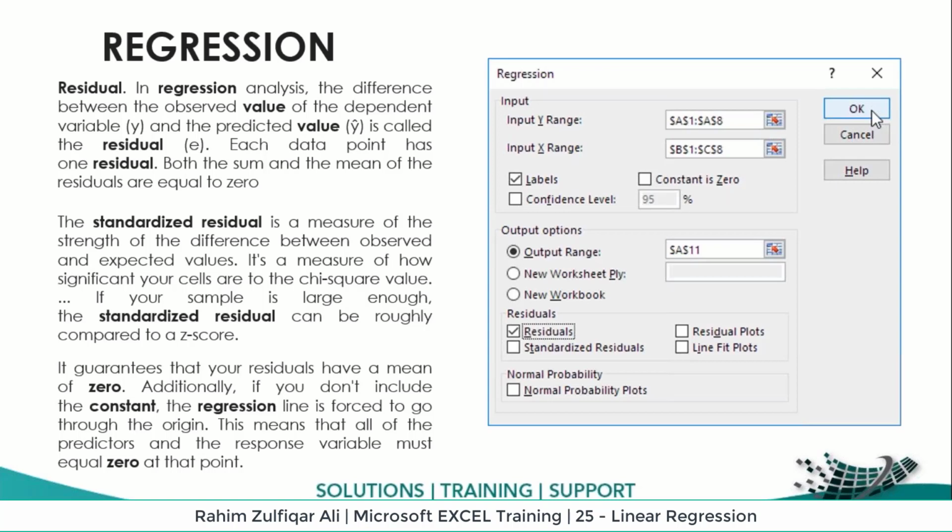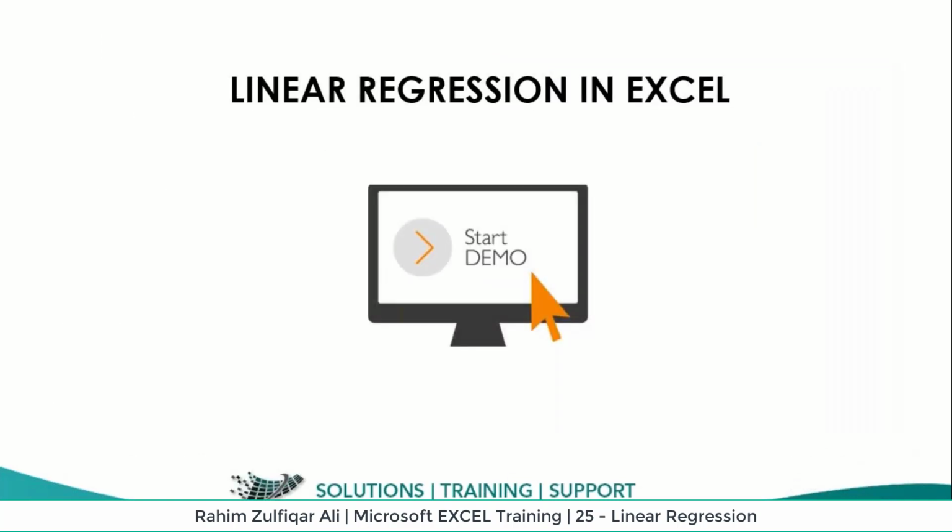All these definitions have been written on the left side. If you want to have more understanding of the statistics, you can go through different articles or blogs on Google. But as I told you, this webinar is more towards the practical approach of how to apply the regression in Microsoft Excel. So let's get started with the demonstration in Microsoft Excel.